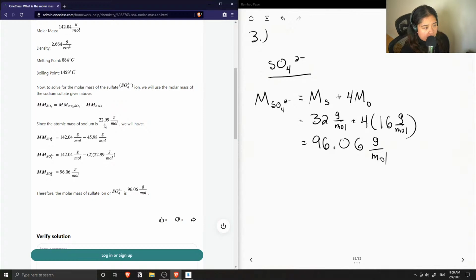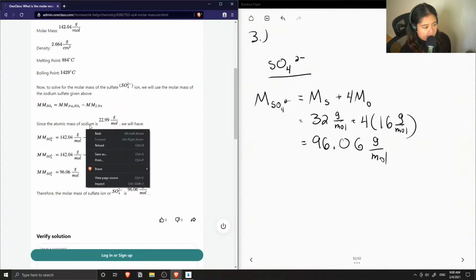And to solve for the molar mass of the sulfate ion, we will use the molar mass of the sodium sulfate given above and subtract 2 times the molar mass of sodium. So since the atomic mass of sodium is 22.99 grams per mole, we will have the following.